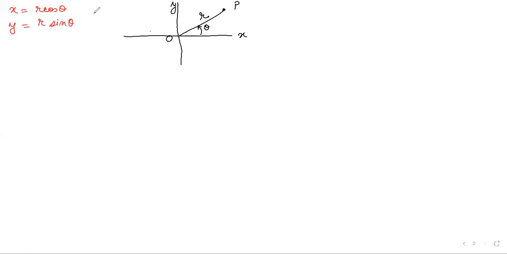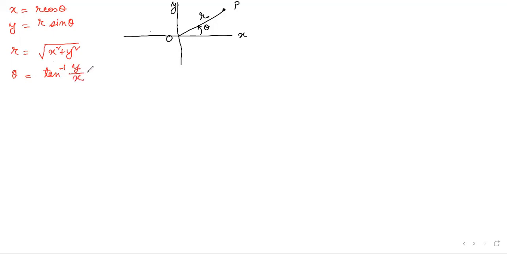This gives us r equal to root over x square plus y square, and theta equal to tan inverse y by x.